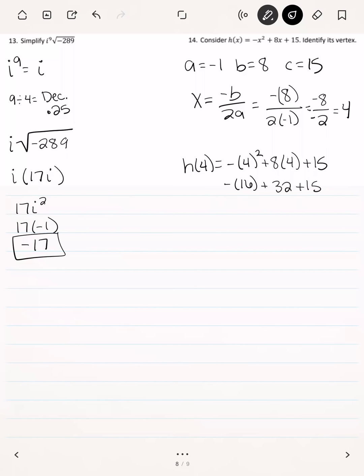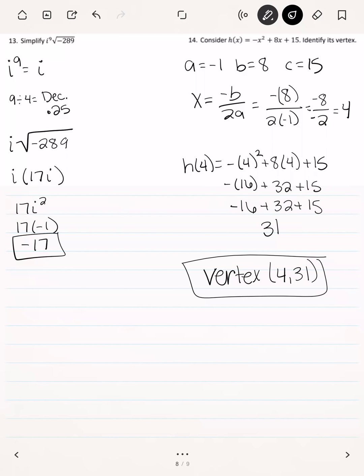Okay, a negative times 16, so I get negative 16 plus 32 plus 15. And when I add those all together, I get 31. So my vertex is (4, 31). Yes, your vertex can be a big number. It's not going to hurt you.